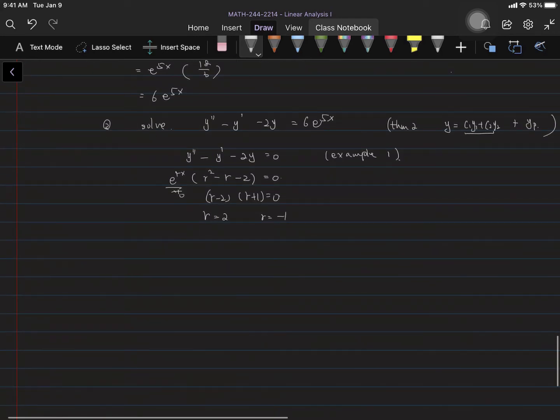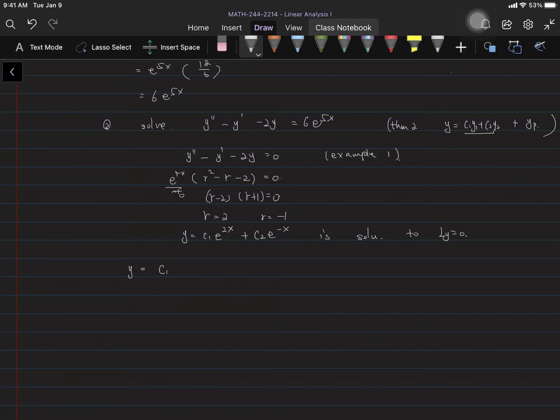So what's the solution to the homogeneous equation? It should be c1 e to the 2x plus c2 e to the -x. So this is the solution to Ly equals 0, right? And what is the general solution to the non-homogeneous equation?